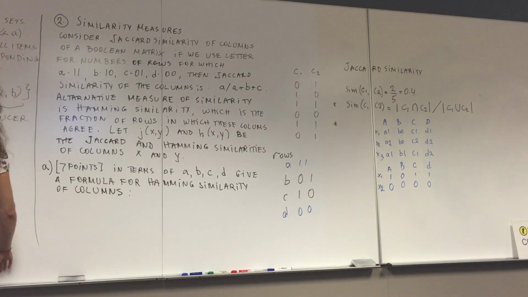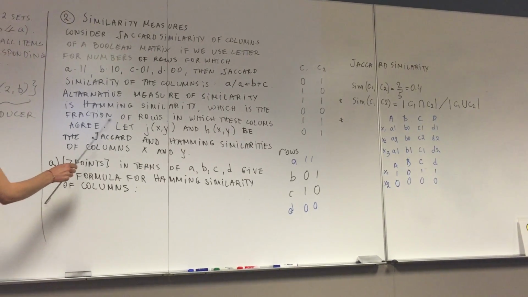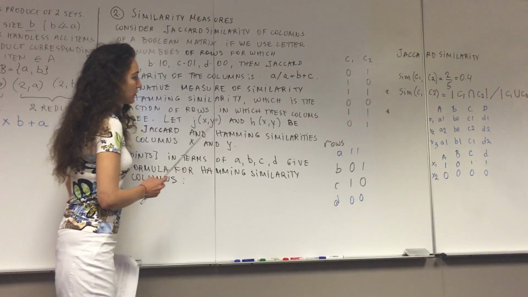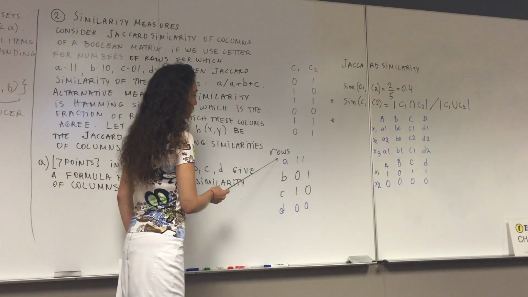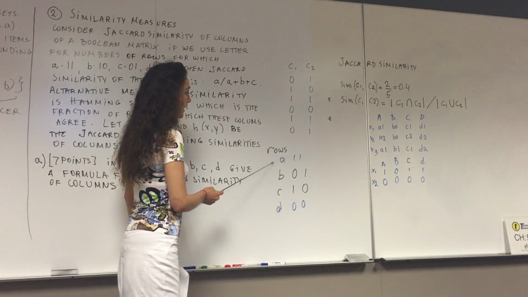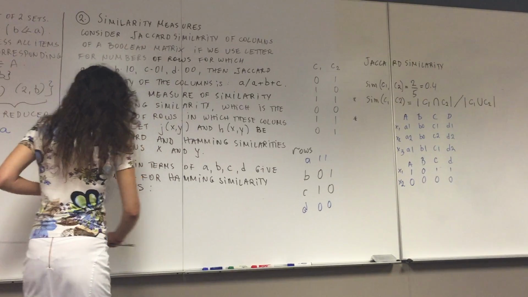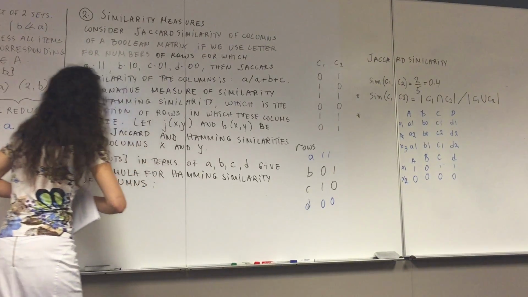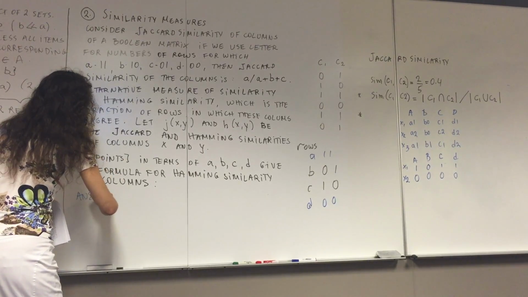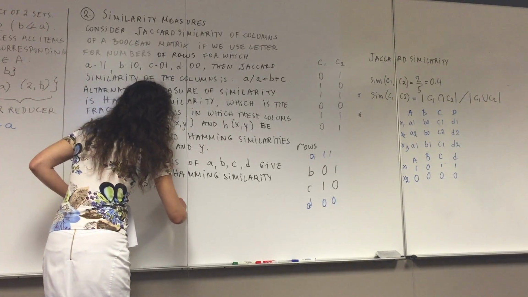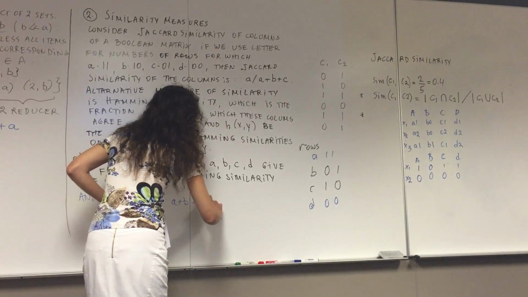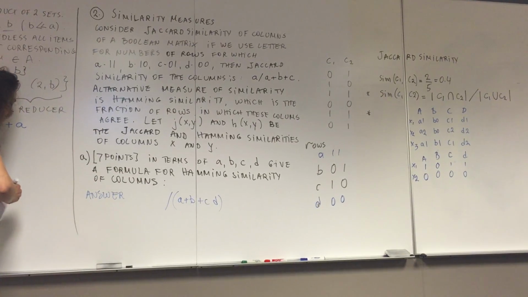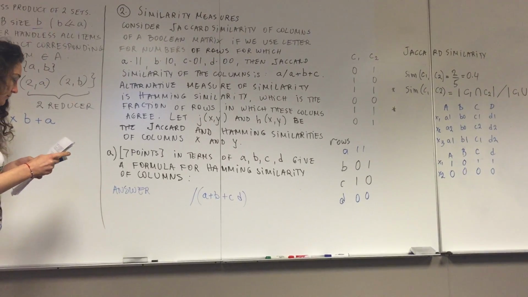Well, we said that it's a fraction of the rows in which these columns agree. And so the total rows will be A plus B plus C plus D. And it's a fraction out of the total, which ones do they agree upon?